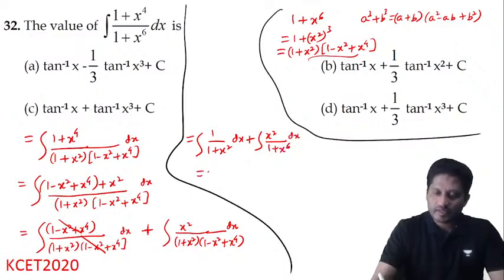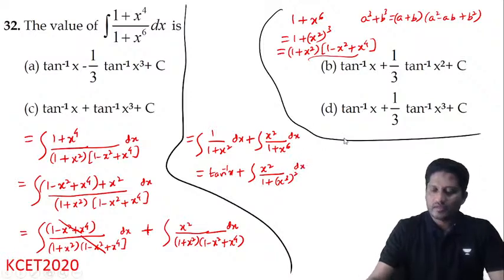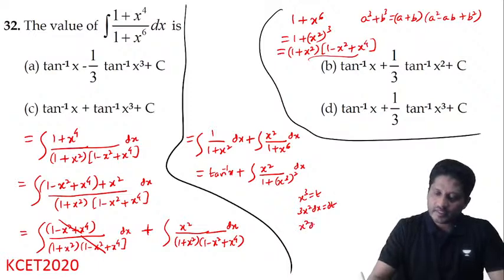Integration of 1 by 1 plus x square is tan inverse of x, plus integration of x square divided by 1 plus x power 6, which can be written as (x cube) the whole square, dx. What I'll do is put x cube equal to t. Differentiation of x cube is 3x squared dx equal to dt, and from this I can write x squared dx is equal to dt by 3.